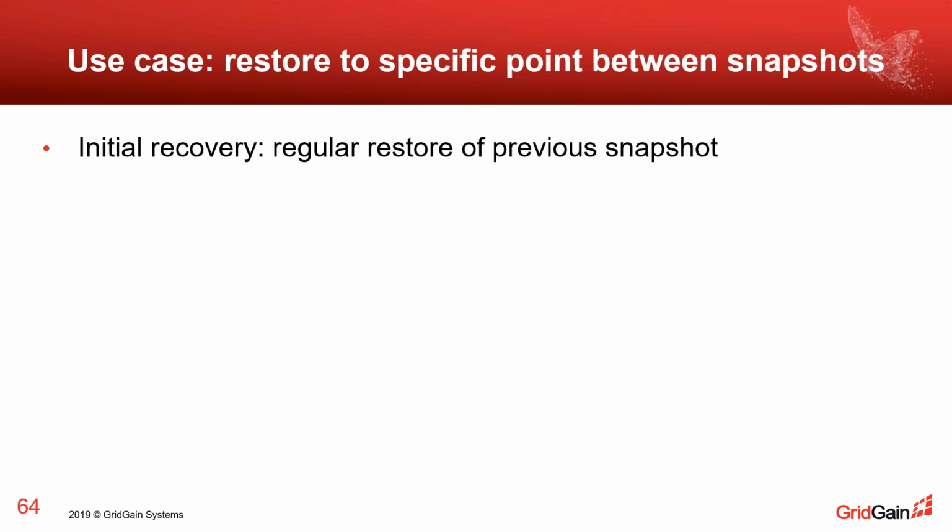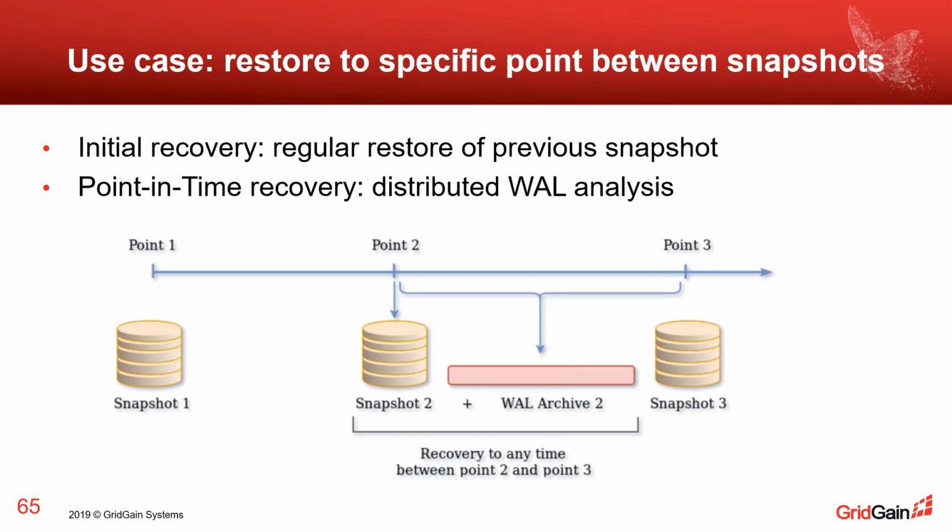You just specify the time, and what the system does is first an initial recovery, where we restore the previous snapshot before that point in time, and then the point in time recovery algorithm performs a distributed analysis of the write-ahead log. It calculates the set of transactions that conform to a consistent state. It's a distributed algorithm where nodes exchange what transactions are present locally and the overall set of consistent transactions is calculated.